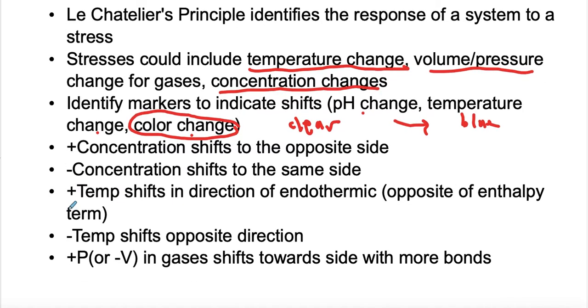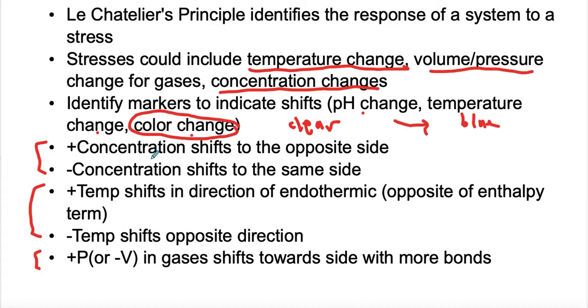So with Le Chatelier's principle, these are the three things: temperature, concentration, and pressure. For concentration, if you add something to one side, it will tend to shift to the opposite side. So the shift will be opposite of where you add it, which goes against your intuition. If you add A, you would think you would increase A, but it's the other way.